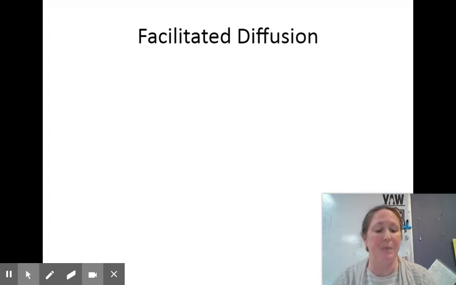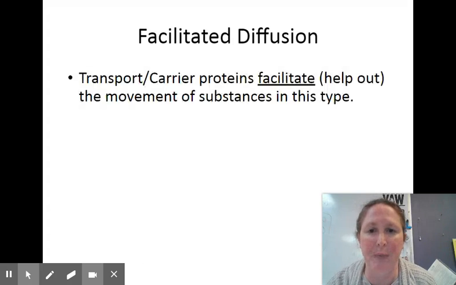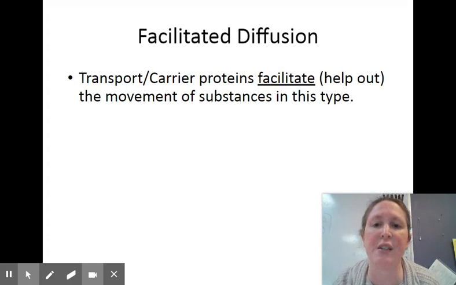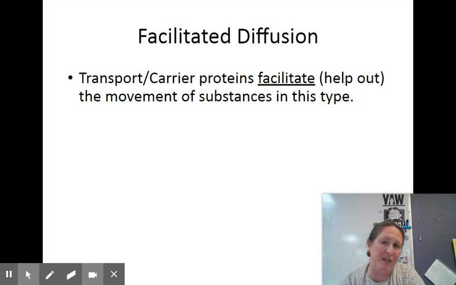Facilitated diffusion. That's the last kind of passive transport. So facilitated diffusion uses proteins. They're called carrier proteins or transport proteins, and they help carry bigger things across the membrane that can't fit through the channel proteins and can't fit between the phospholipids.